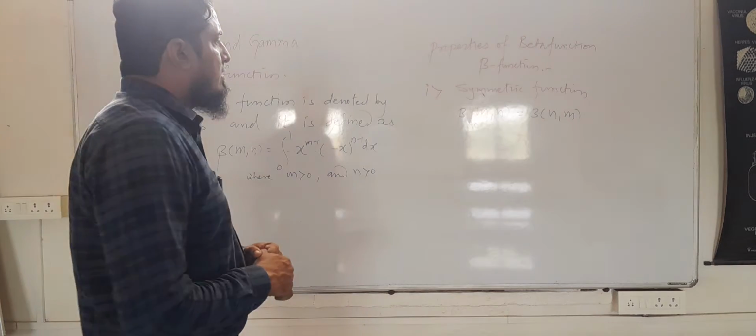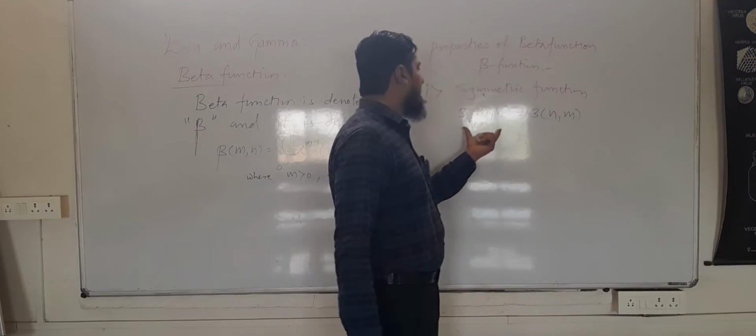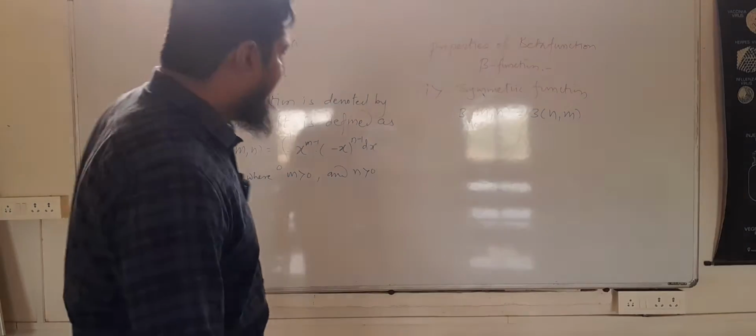Now, how to prove beta m n is equal to beta n m? So it is quite easy.